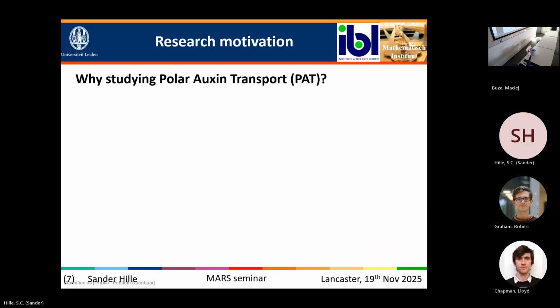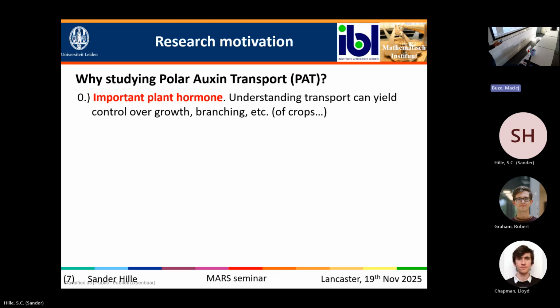The motivation for studying this is really because it's an important plant hormone. So in fundamental biology, one is interested in how it works. But what I mentioned too is that it has some interest in breeding, to get more fruits on plants, like tomatoes, to be able to control that.